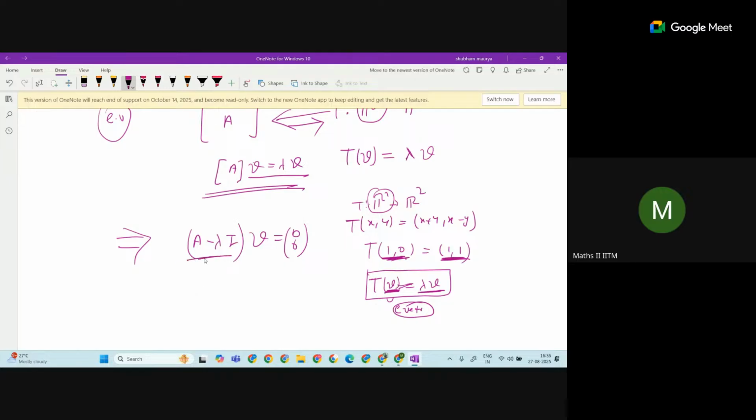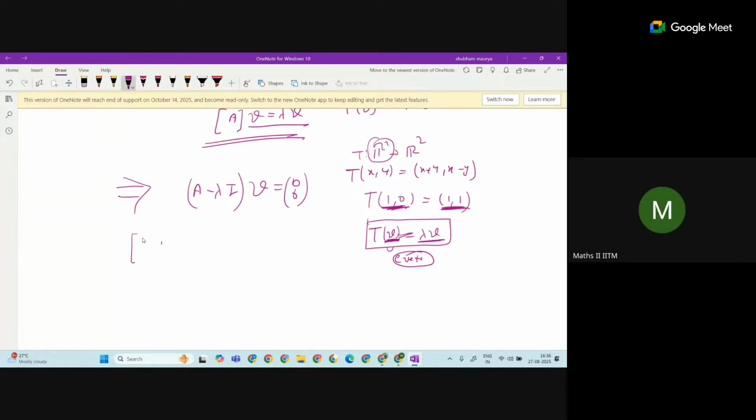Let's assume you have a matrix given. Let me give an example of the process: A = [[1, 1], [1, 0]]. Then we subtract λ times the identity [[1, 0], [0, 1]].